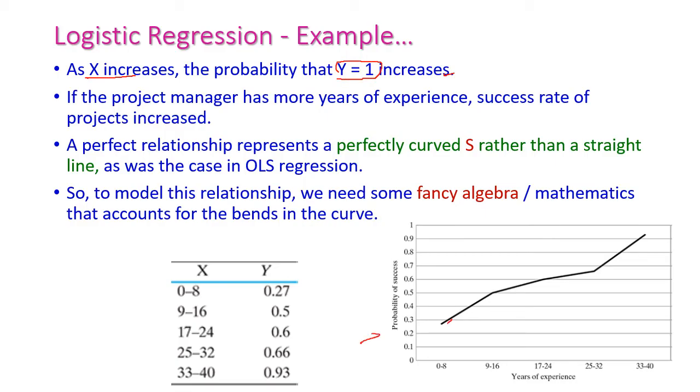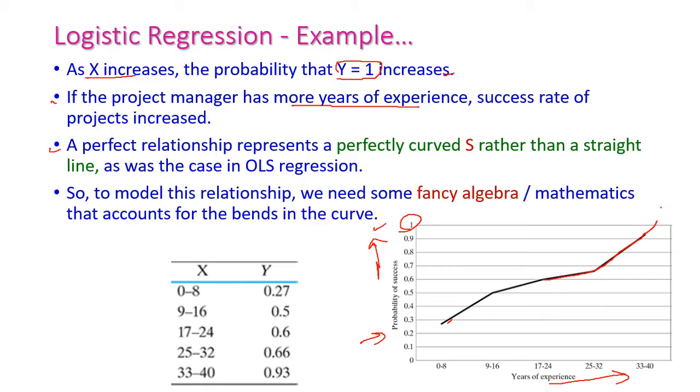From this graph we can understand that if the x value is increased, then the regression line moves towards the y equal to 1 value. It is moving in the upward direction only. In the upward direction, the success rate will increase. If the project manager has more years of experience, then the success rate of the project will increase.